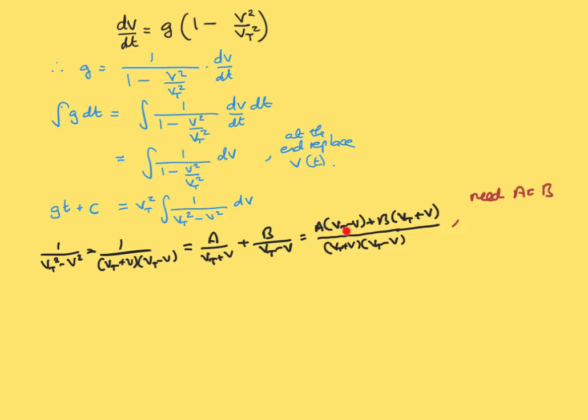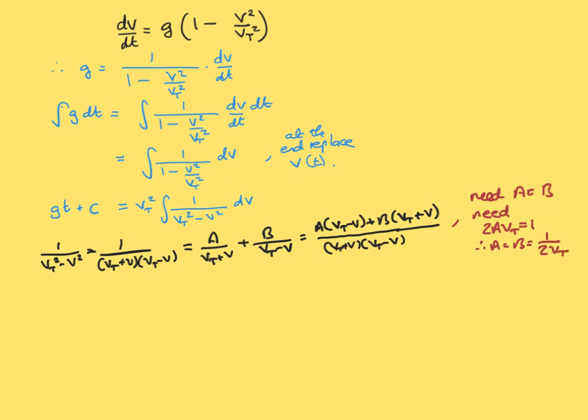We want the constant terms that are left here to be equal to 1. Remember, the denominators are, by construction, exactly the same. So the constants are a times vt plus b times vt, but a and b are the same, so the constants are going to be 2a times vt. So we also need that 2a vt is equal to 1. So therefore a is equal to b is equal to 1 over 2 vt.